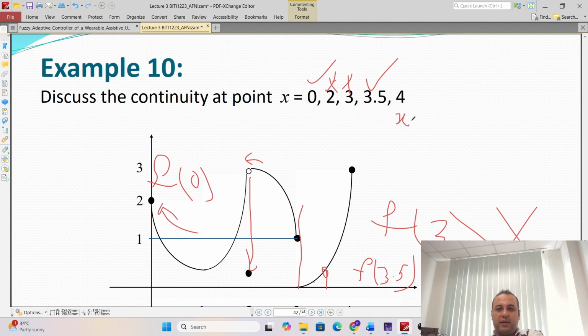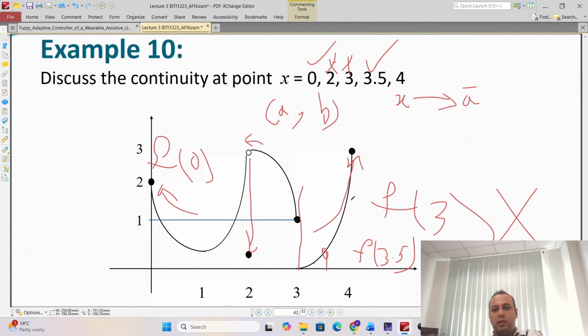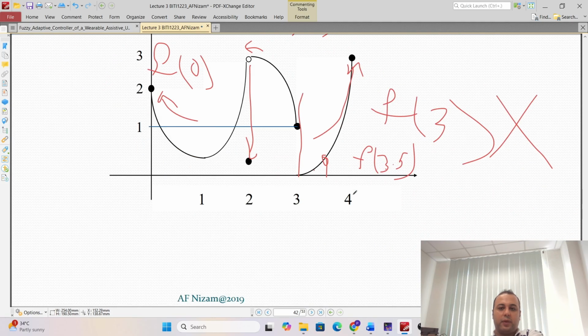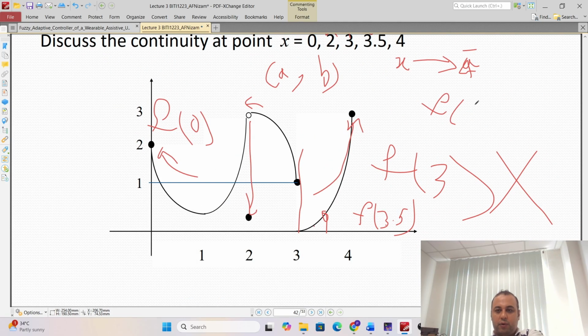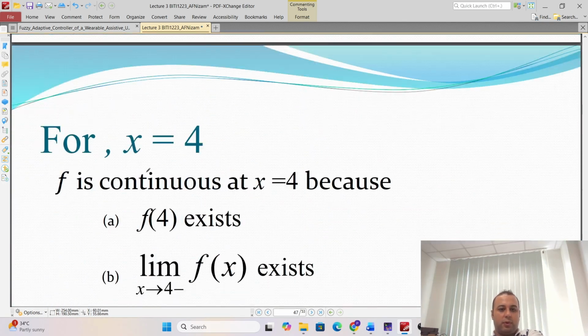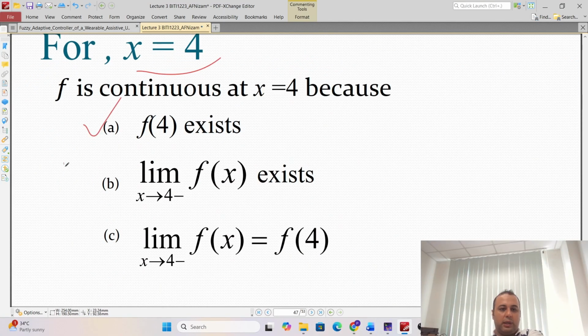For 4, we have to look at a minus, the left side, like this, because it's the end of the interval. So a is here, 4. The function value f(4) exists, the limit from the left side exists, and they are equal. So for x equal to 4, all three conditions are satisfied, so it's continuous.